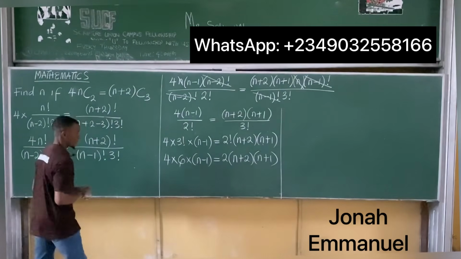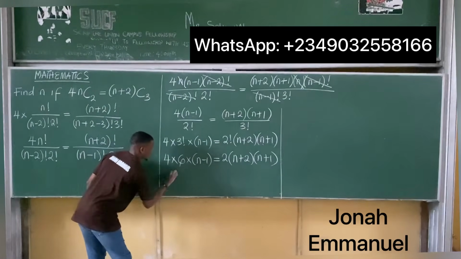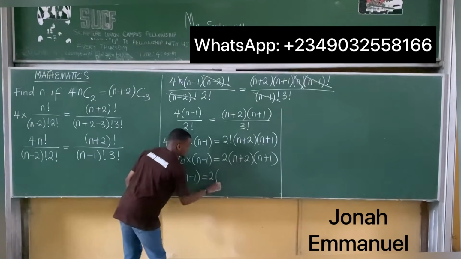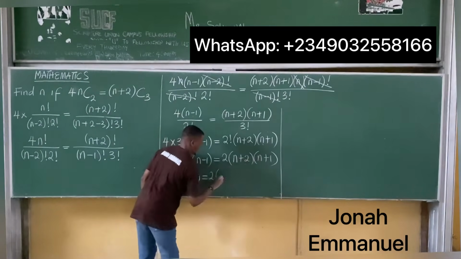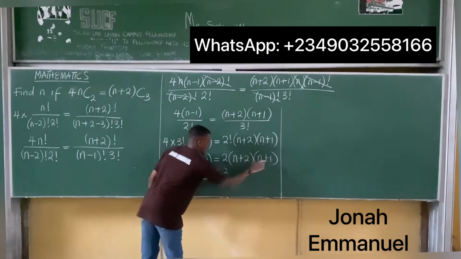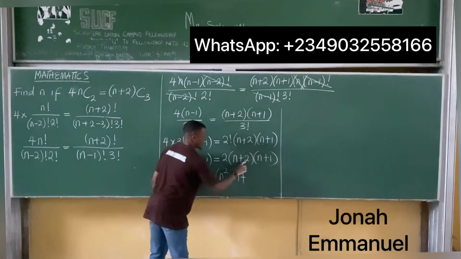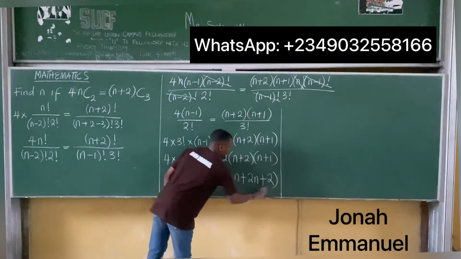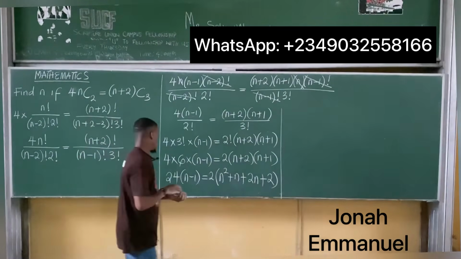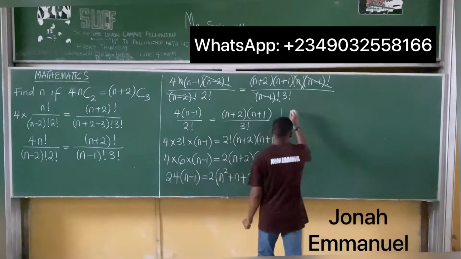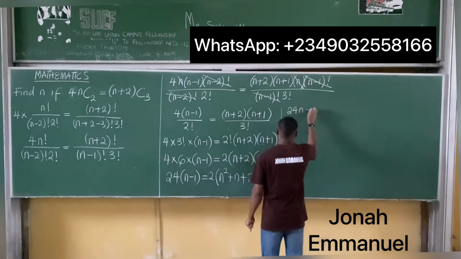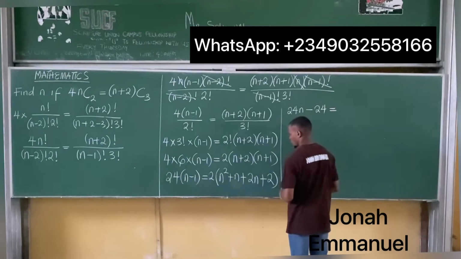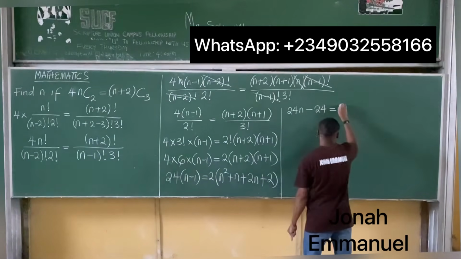So 6 times 4 is 24 into n minus 1 is equal to 2. If I expand this, n times n is n squared, n times 1 is plus n, 2 times n is 2n, 2 times 1 is 2. All right, collect like terms, simplify. 24 times n is 24n minus 24 times 1 is 24 is equal to 2.